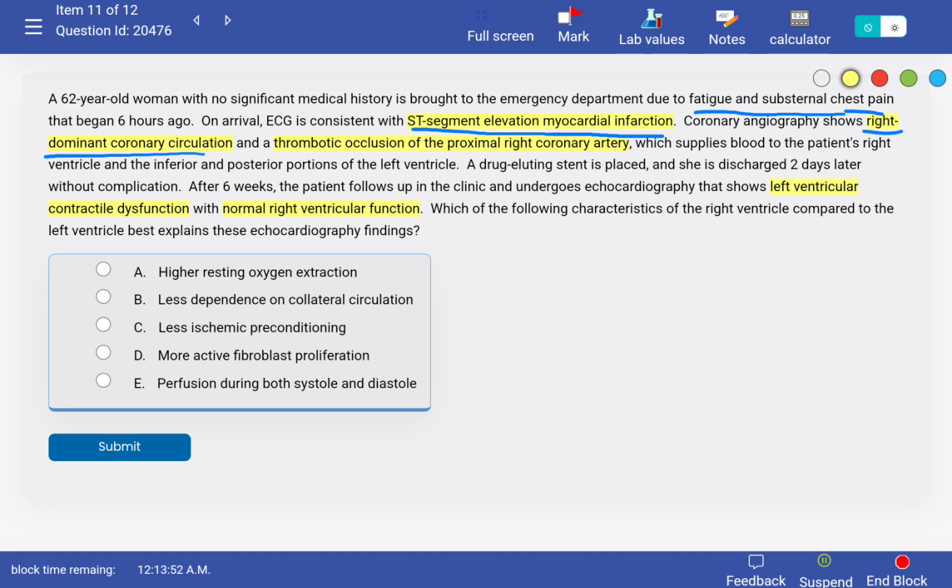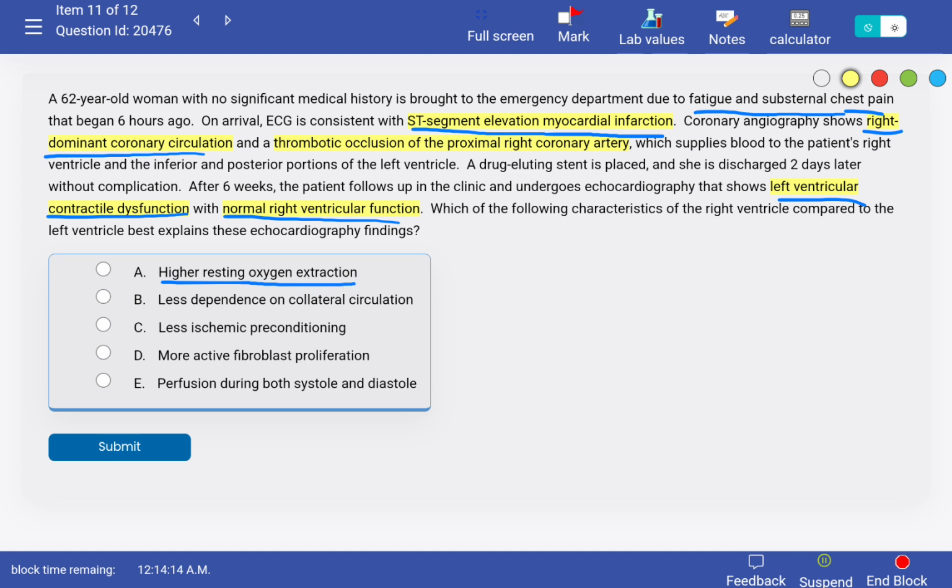After 6 weeks, the patient follows up in the clinic and undergoes echocardiography that shows left ventricular contractile dysfunction with normal right ventricular function. Which of the following characteristics of the right ventricle compared to the left ventricle best explains these echocardiography findings?